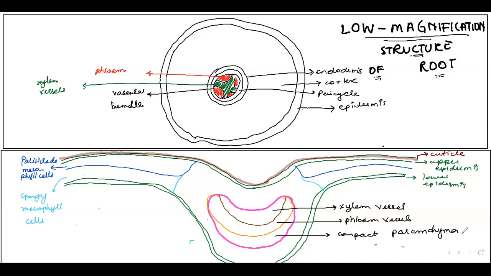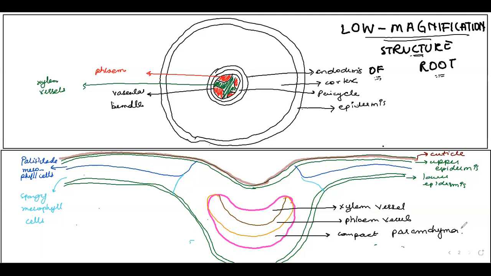Now, the parenchyma cells actually undergo a modification, and they slowly modify into another type of cell.